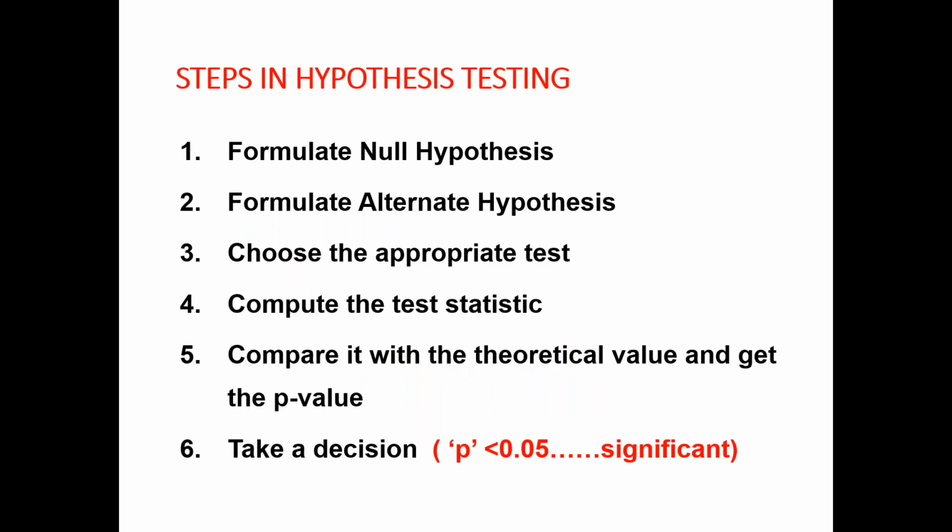So there are different steps in the hypothesis testing. Initially, whenever I try to do some study in the population, I have some hypothesis in mind. What is that hypothesis? I can formulate a null hypothesis. So you have to understand what is a null hypothesis and what is the alternate hypothesis.